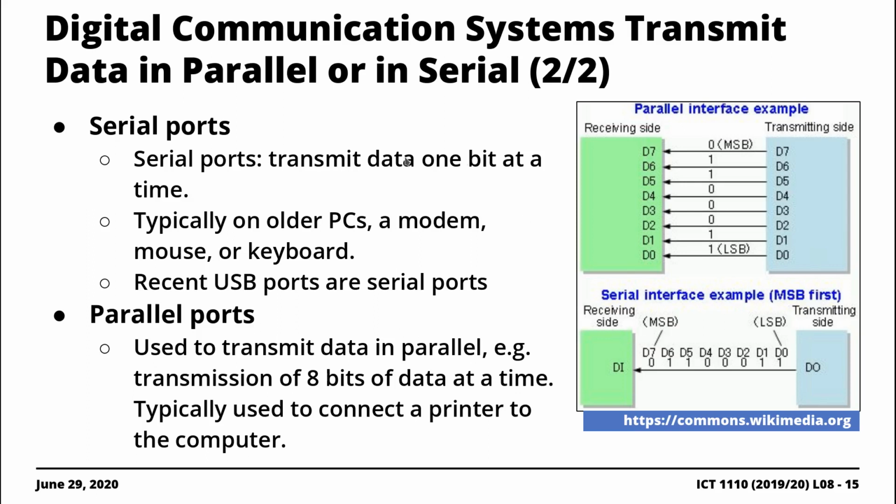If you think of how data is transmitted one bit at a time, for instance using serial ports, let's say, hypothetically, you are transmitting data associated with the number 4.